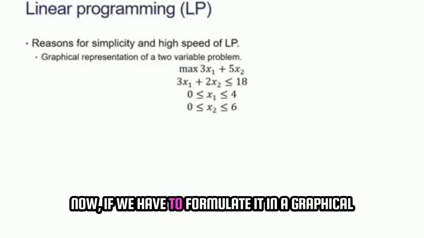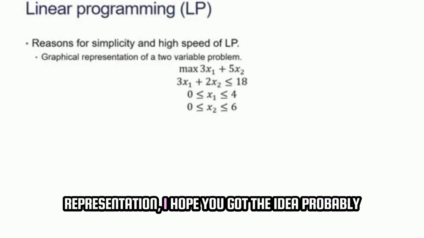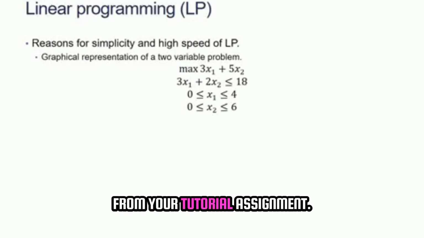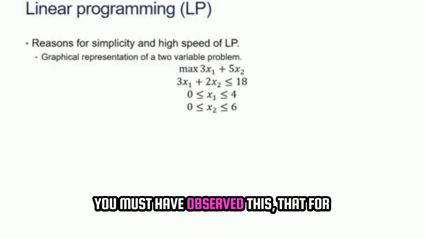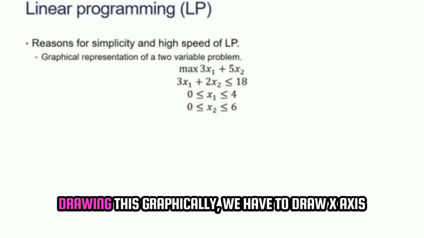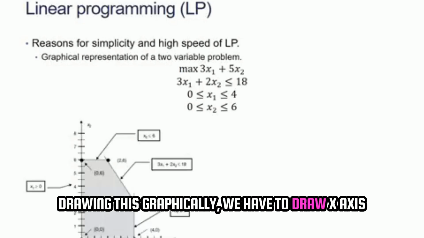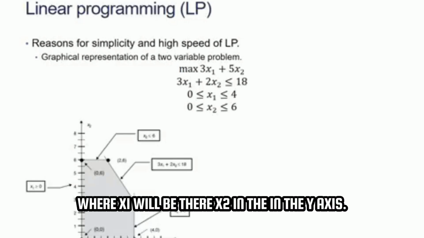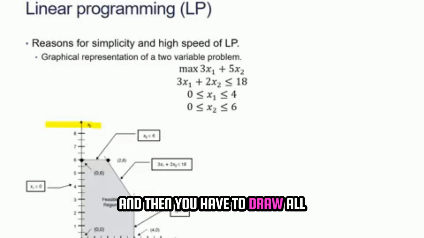Now, if we have to formulate it in a graphical representation, I hope you got the idea. Probably you got it from your tutorial assignment. For drawing this graphically, we have to draw an x-axis where x1 will be there, and x2 on the y-axis.